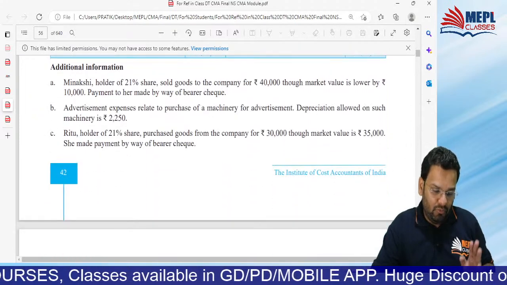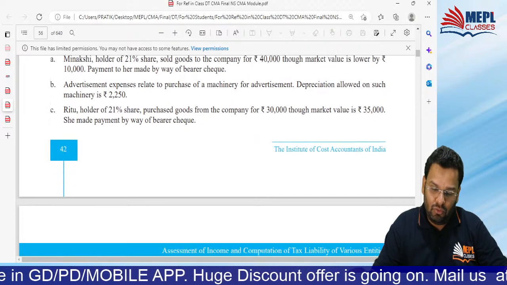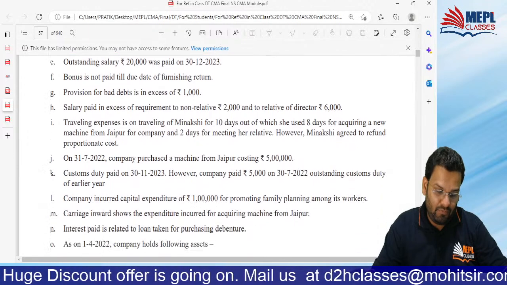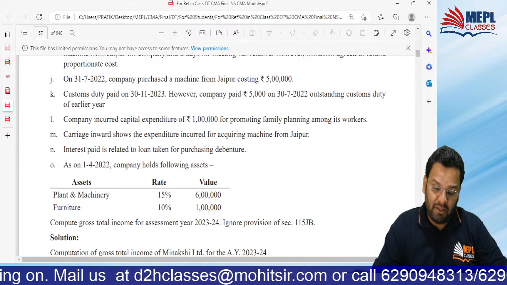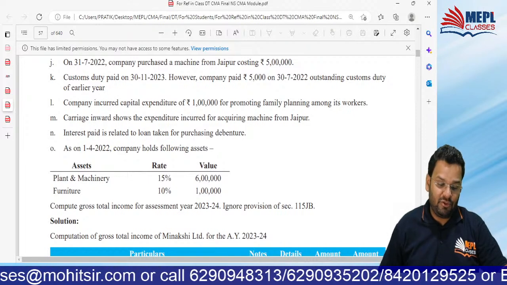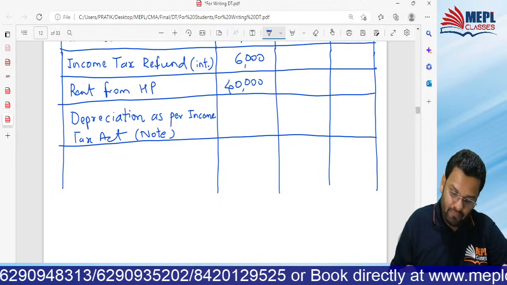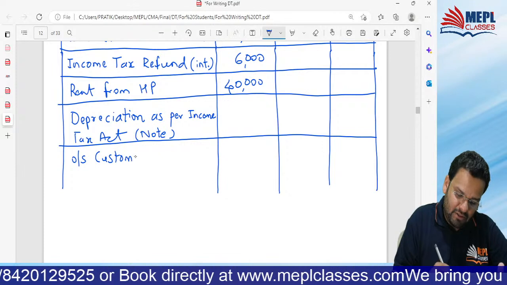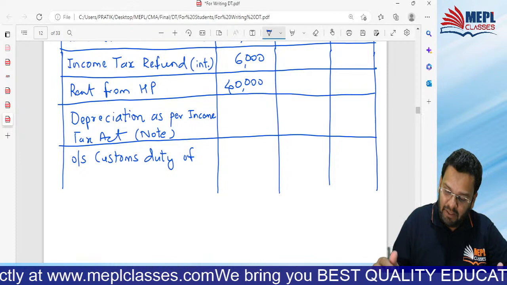Now, if I go to additional information, then we had decided to subtract customs duty paid this year. Outstanding customs duty of earlier year paid this year.